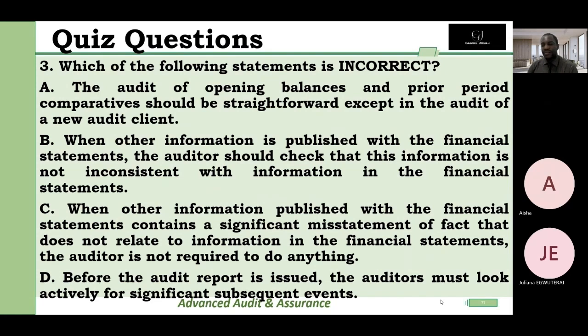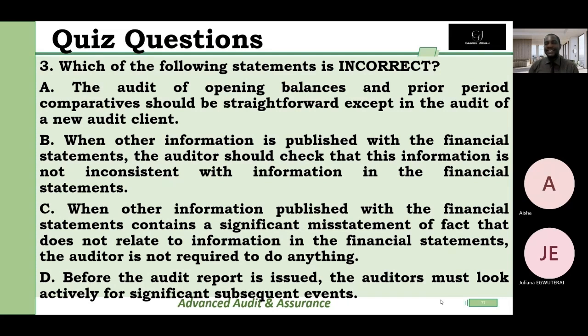C, when other information published with the financial statement contains a significant misstatement of facts that do not relate to information in the financial statements, the auditor is not required to do anything. D, before the audit report is issued, the auditor must look actively for significant subsequent events.